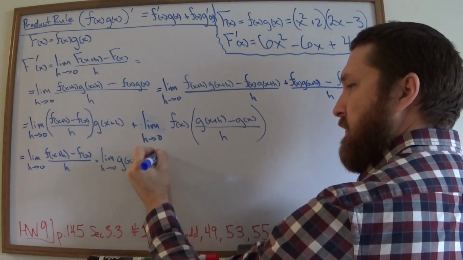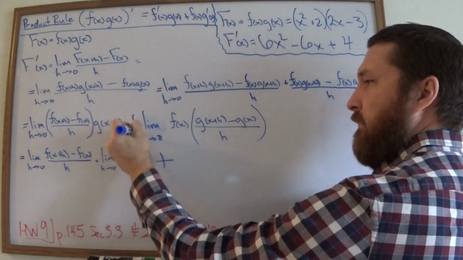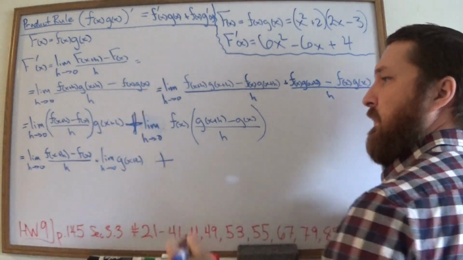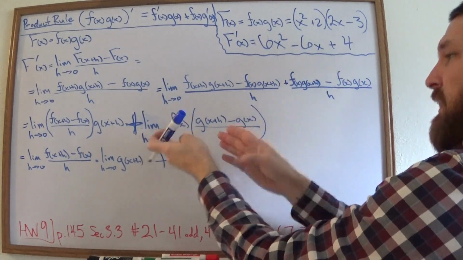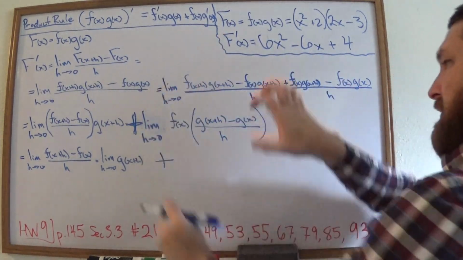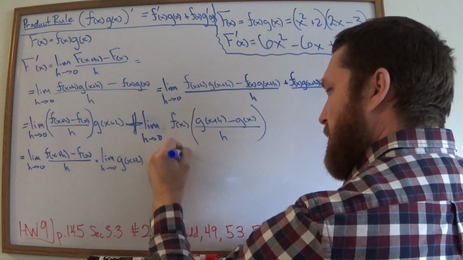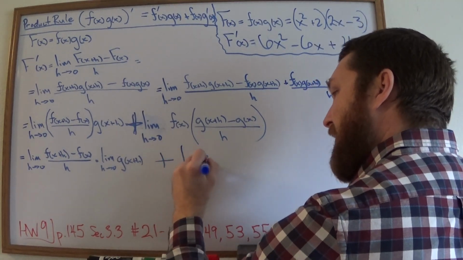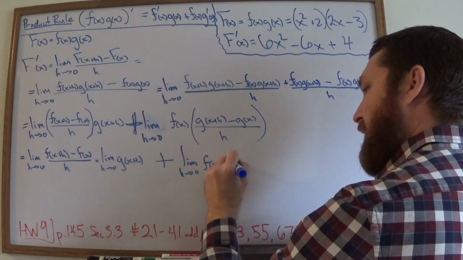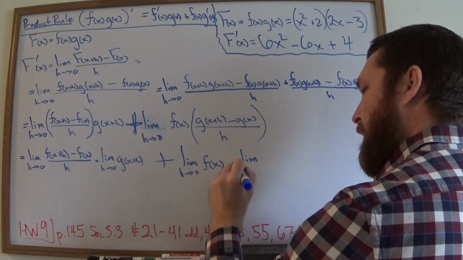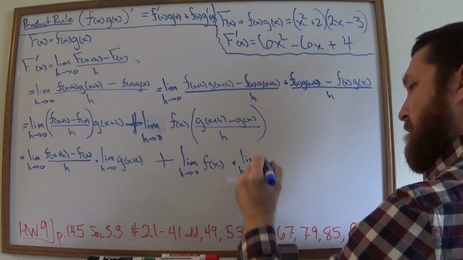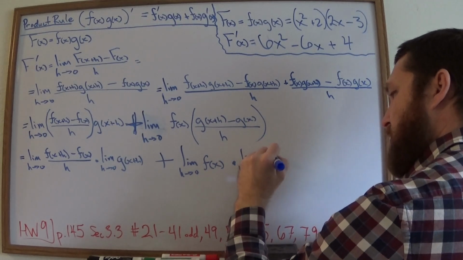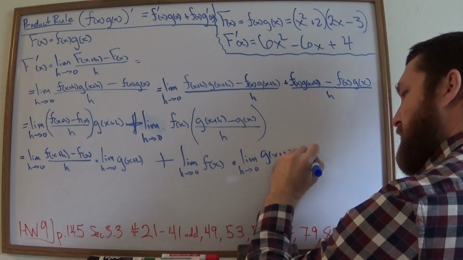Now add that to, a big plus here, the limit of a product, something times something else, is the product of the limits, provided that the limits exist. I haven't been saying that. And then g of x plus h minus g of x.